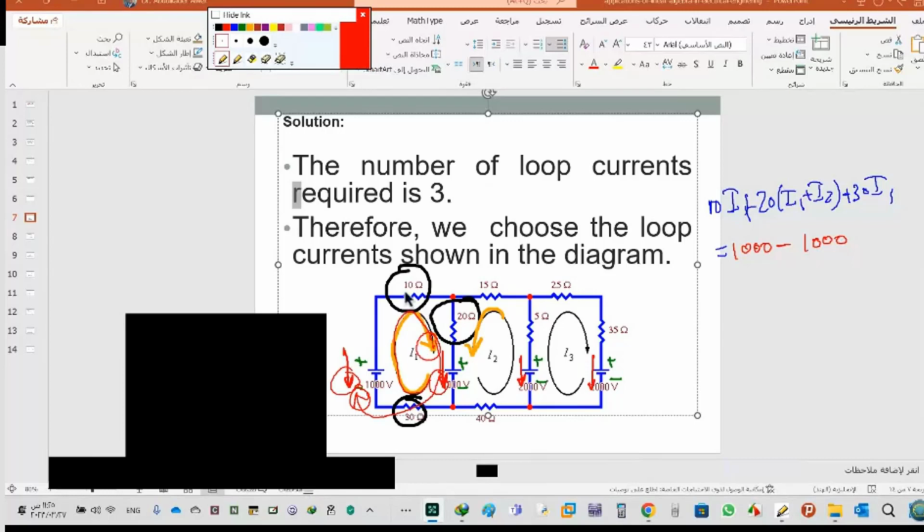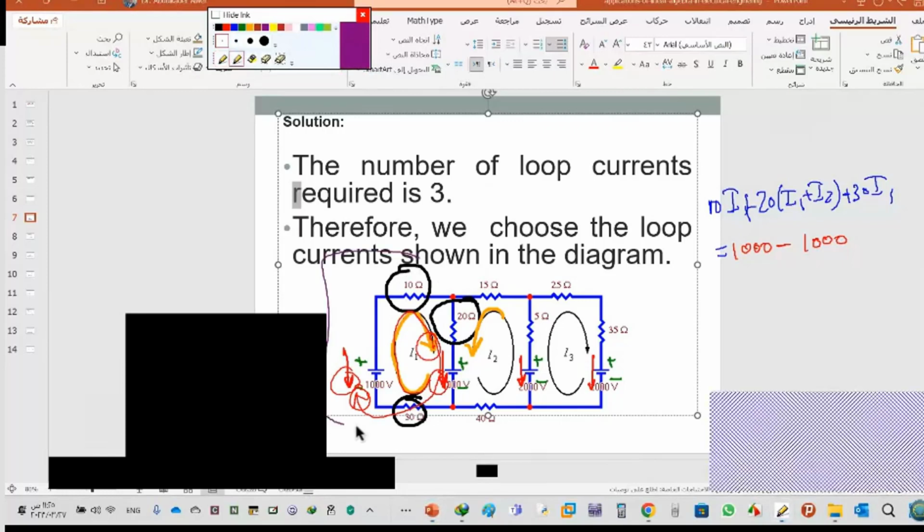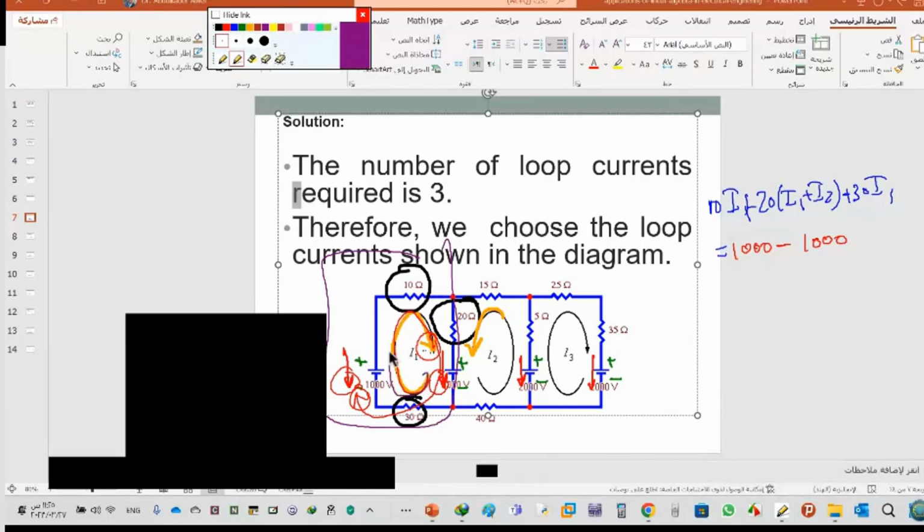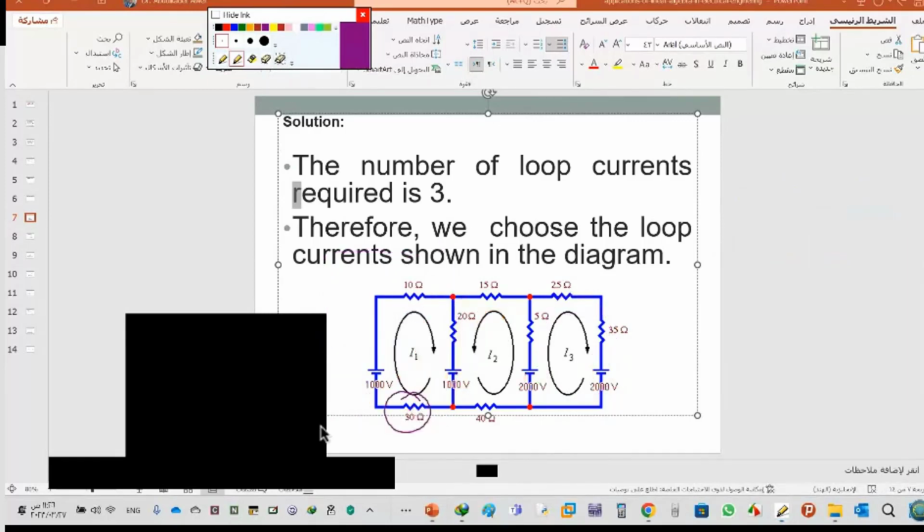Here in the same loop, Muhammad, in the same loop here is I1. Just I1. It's clear for you? I1 here. I1 here. Forget now I3. Forget I2. Just we are talking about I1. It's okay for you?